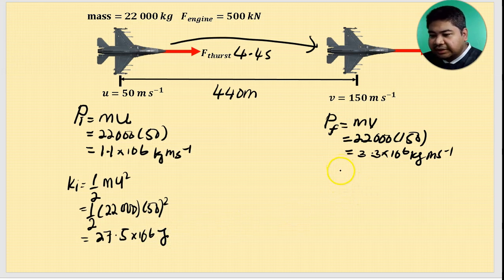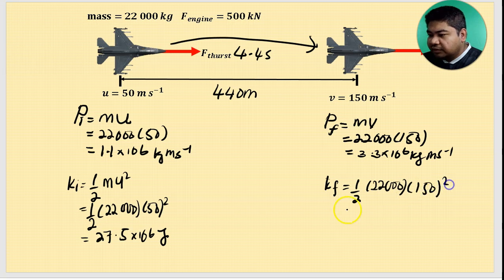And then the kinetic energy of the aircraft at the velocity of 150 is 1 over 2 times 22,000 times 150 squared. You are going to get 247.5 times 10 to the power of 6 joules.